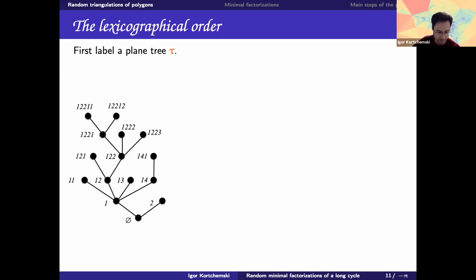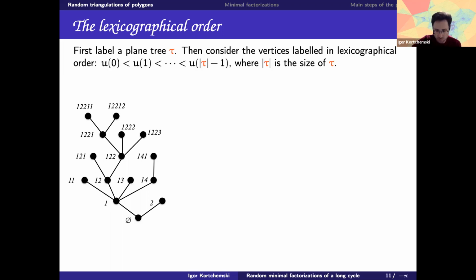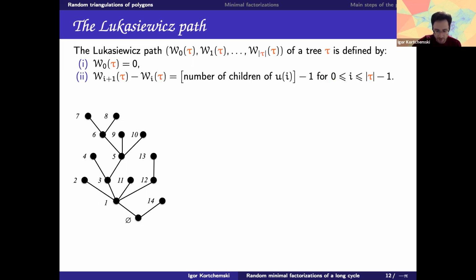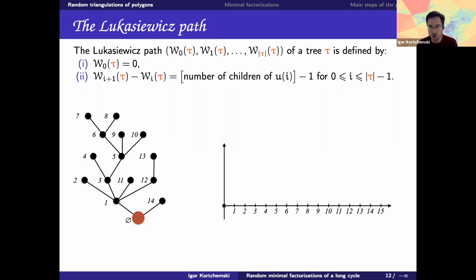And once we have the labeling of these vertices, we can consider the lexicographical order on these labels, which defines a natural order on the vertices of the tree, which is called the depth first search. And once we have this depth first search, we code the tree by the Lukasiewicz path. So how does it go? We start from 0, and then we explore one by one the vertices of the tree in lexicographical order, and we make a jump, the jump being the number of children of the vertex where we are, minus 1.